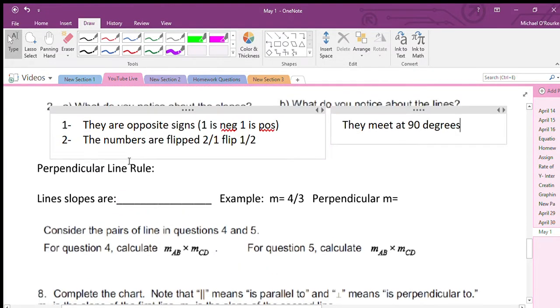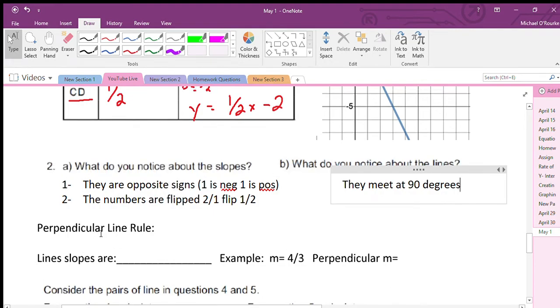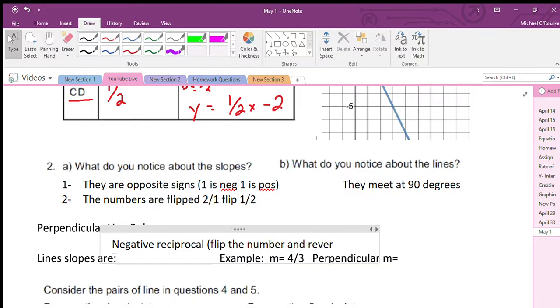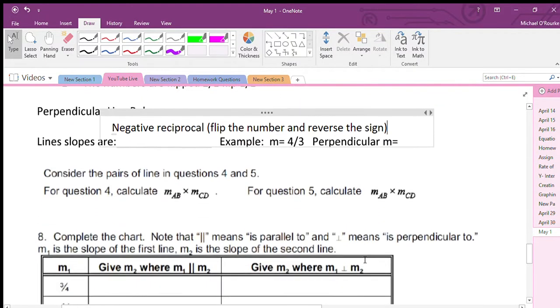So, perpendicular line rule, line slopes are, now I think we've talked about this before in class, it's called a negative reciprocal, which means you flip the number and reverse the sign.